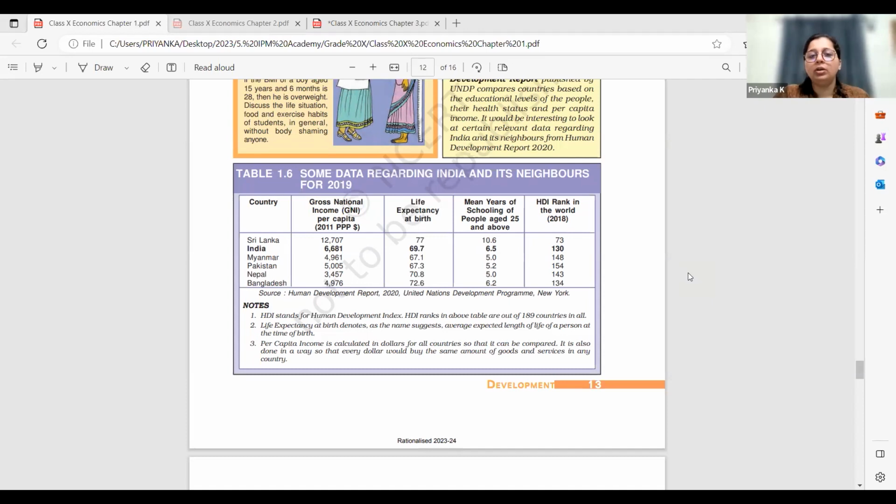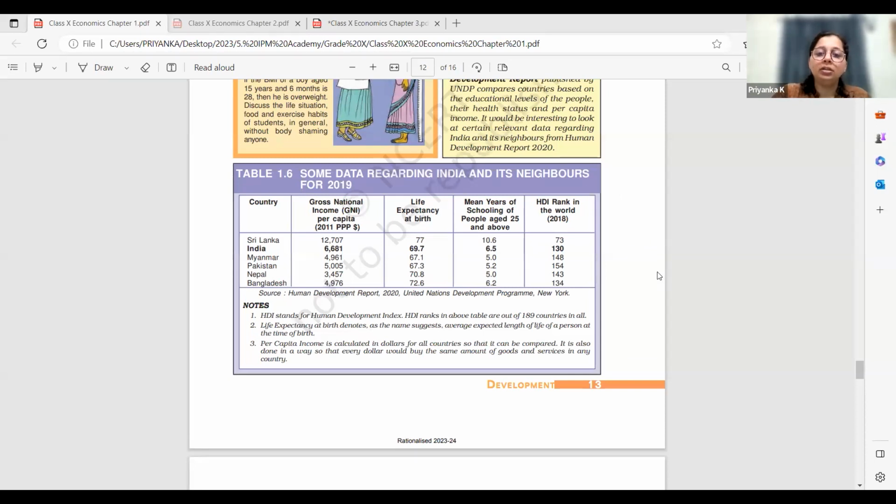While India, with its large population, factors of production and a good amount of resources, is much lower than Sri Lanka in national income, life expectancy at birth, mean years of schooling, as well as HDI rank. So you can just imagine how even a small country like Sri Lanka can excel over India. This is 2011 data.